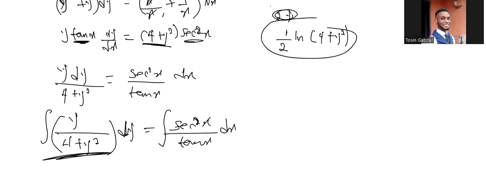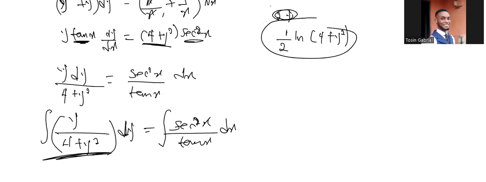So 1 over 2 ln of 4 plus y squared is the integration of this one.